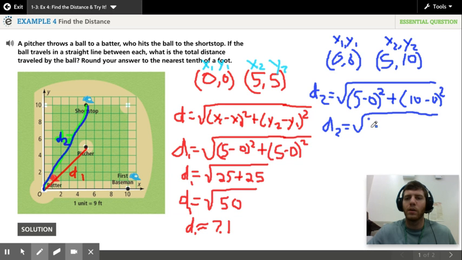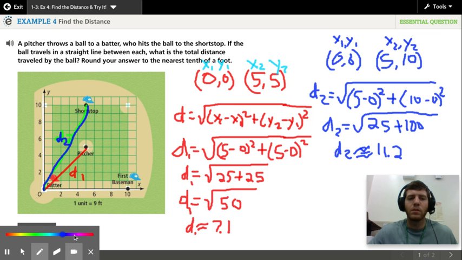Squared is going to be 25. 10 minus 0 is 10. Squared is going to be 100. So D2 is going to be square root of 25 plus 100. So that's 125. Square root of 125 is approximately 11.2.